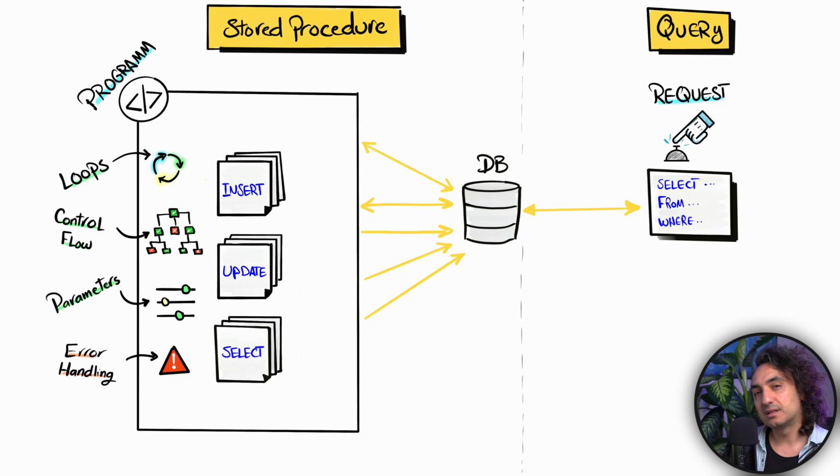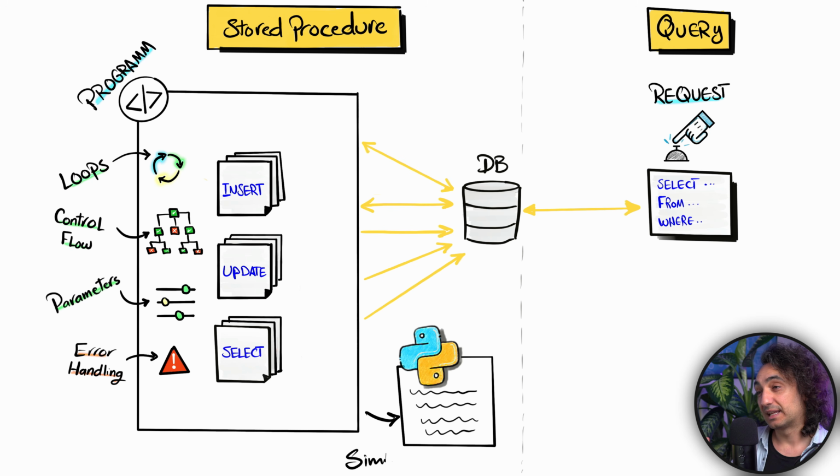So the stored procedure is like having code, for example in Python. That means you can do more complicated stuff compared to a simple query where you have only one request. In the stored procedures, you are doing programming and coding, and it is more advanced than just having a query. So if you are working with stored procedures, things are going to get more complicated and advanced, but of course you will get a lot of flexibility and reusability compared to a simple query.